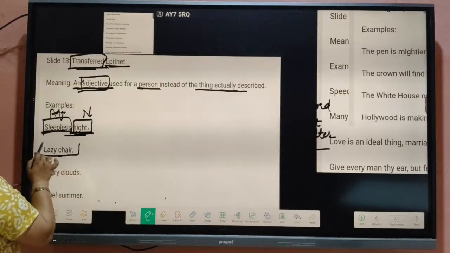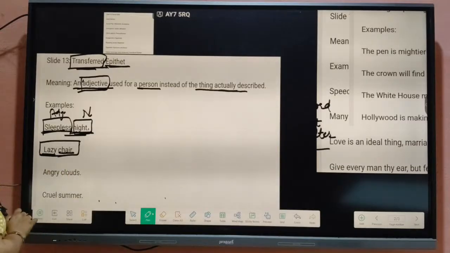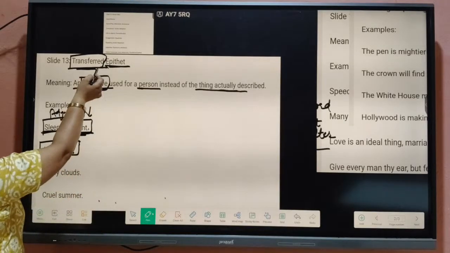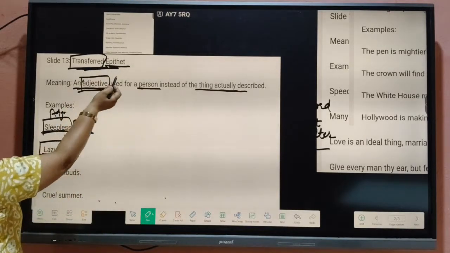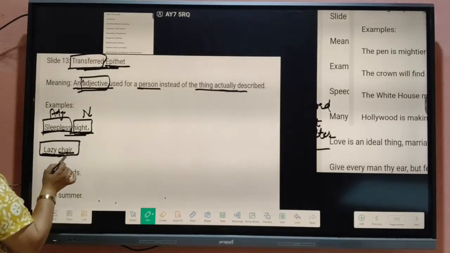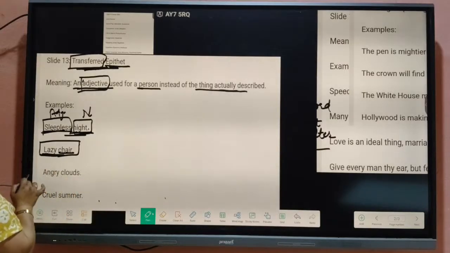Lazy chair. Have you heard about lazy chair? Here lazy is an adjective and chair is a noun. In this way we are transferring. That's why this is given the name transferred epithet. Lazy chair: a chair never is lazy, people are lazy.